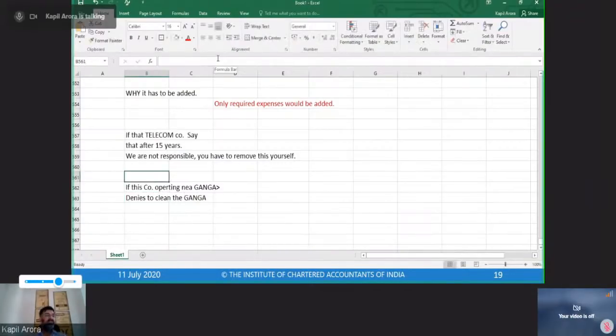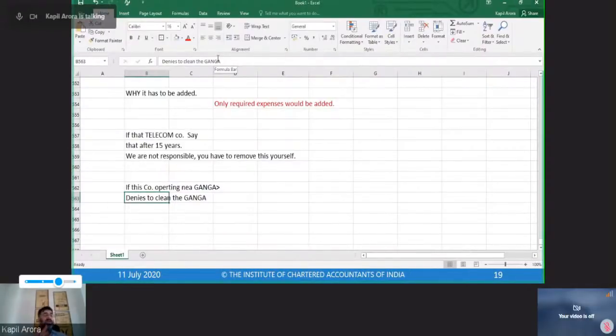The question comes up, if we do this way, one company says I am not going to dismantle or decommission it. Another company says that we are not going to clean the Ganga after 20 years.